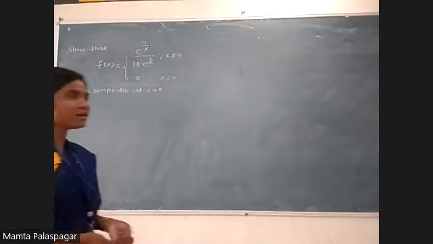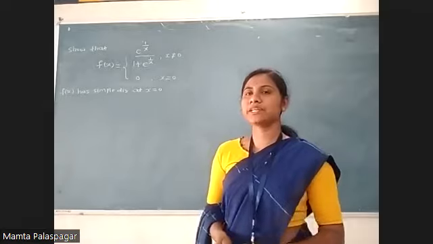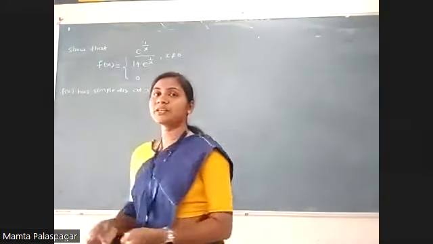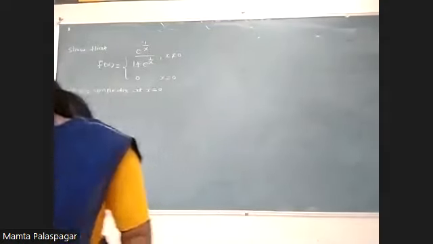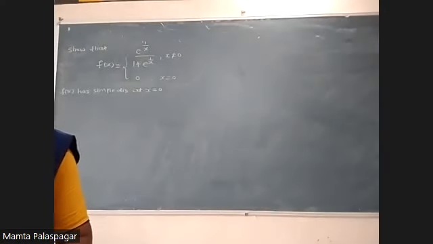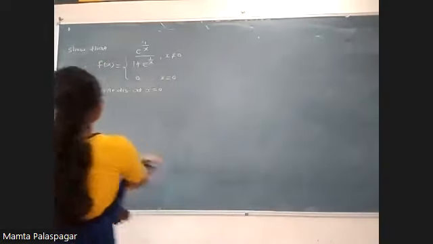Our task is to show that the given function has simple discontinuity. It means that the function has right hand limit and left hand limit, and both exist, but they are not equal. Okay, so let's see.